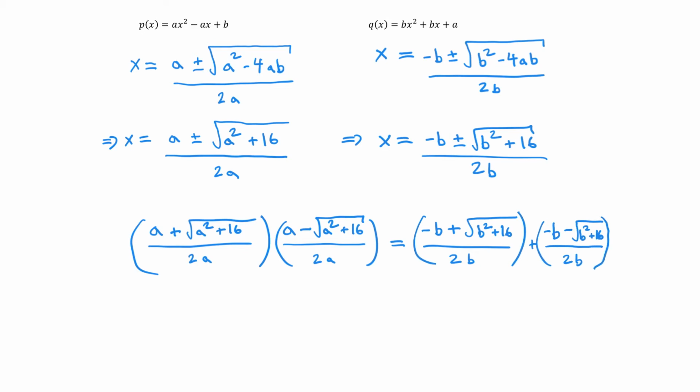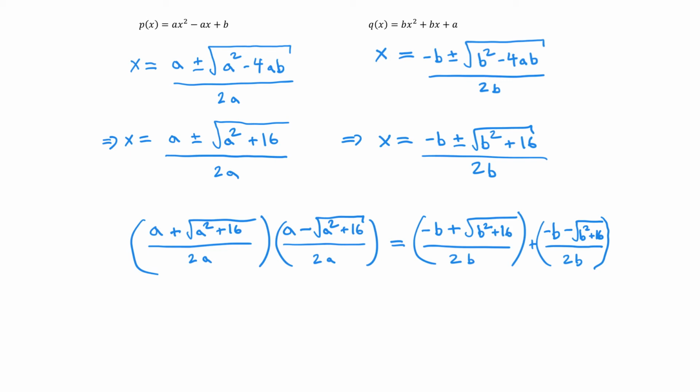Okay, now let's see if we can play the simplification game. Let's try to get this into a little bit of a nicer form. Looking on the left-hand side, let's notice we have a difference of squares. It's a plus some number multiplied by a minus the same number. This is what we call a difference of squares.